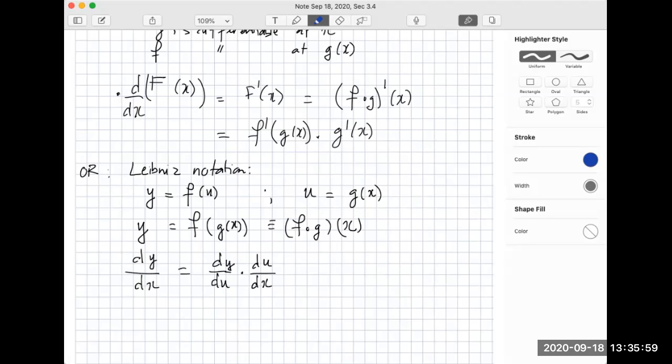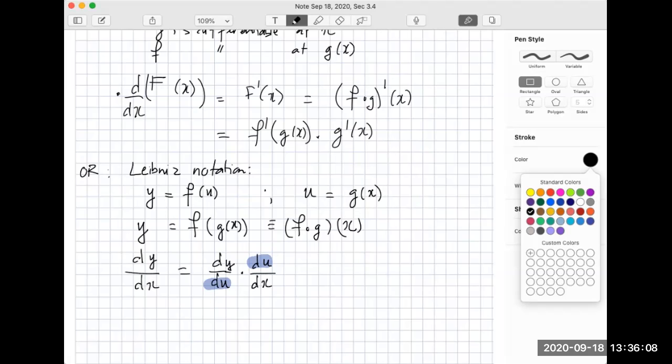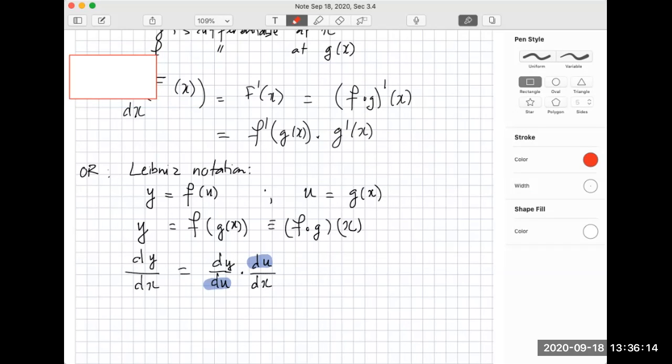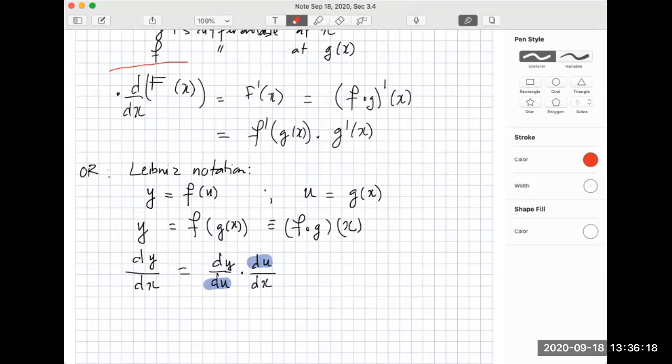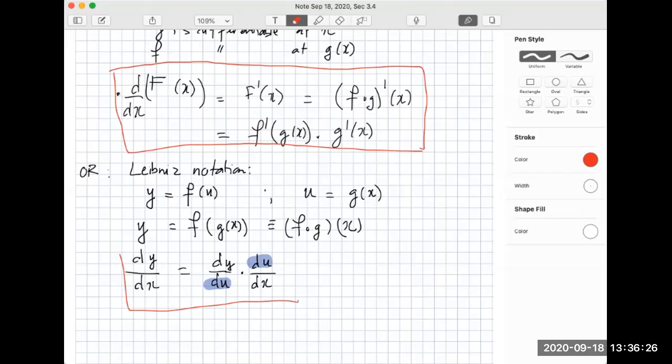But it is not a fixed thing, so we just let it be this way. So these are the chain rule. This one or this one, they are the same thing.